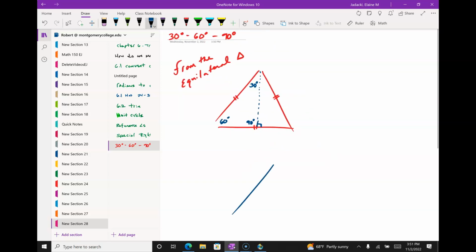So if the side of the triangle was 2x, then when I cut it in half here, the base of this triangle is now x, and I have to find side b.